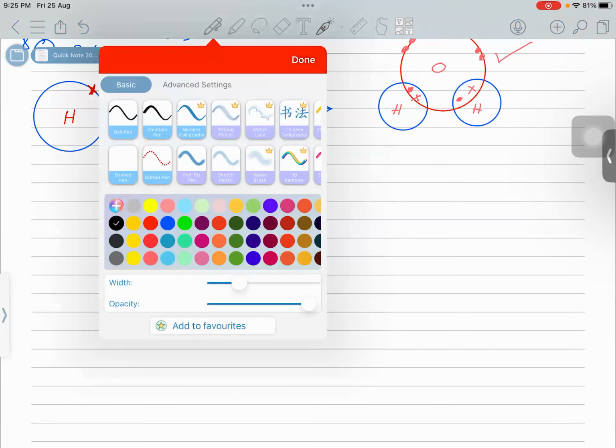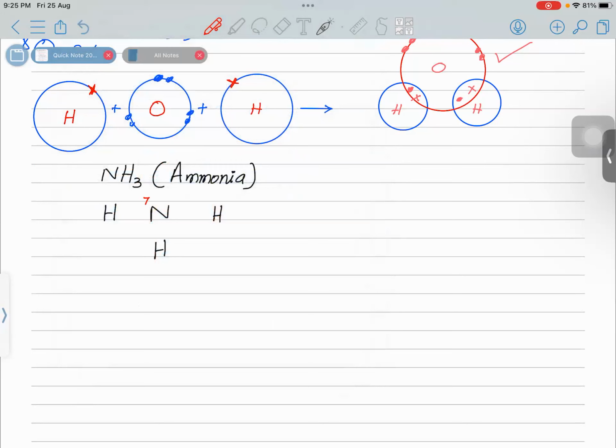So you know that nitrogen has 7 electrons, so 2 and 5. Hydrogen has 1, so 1, 1, 1. So this is nitrogen, and these 3 are hydrogens.